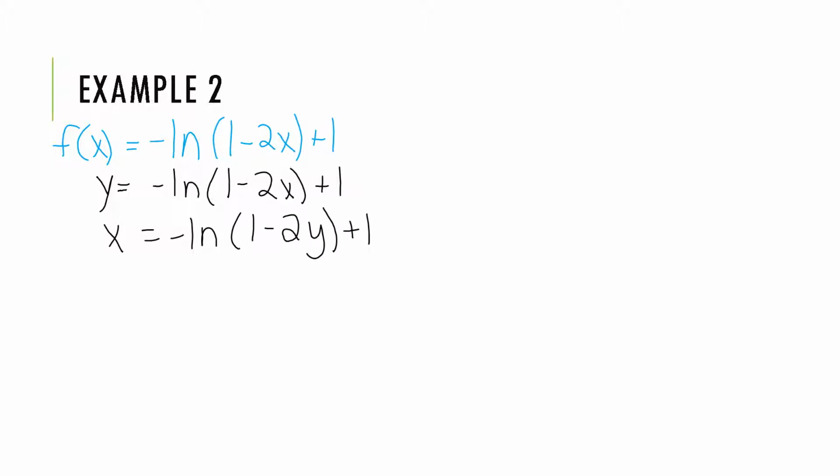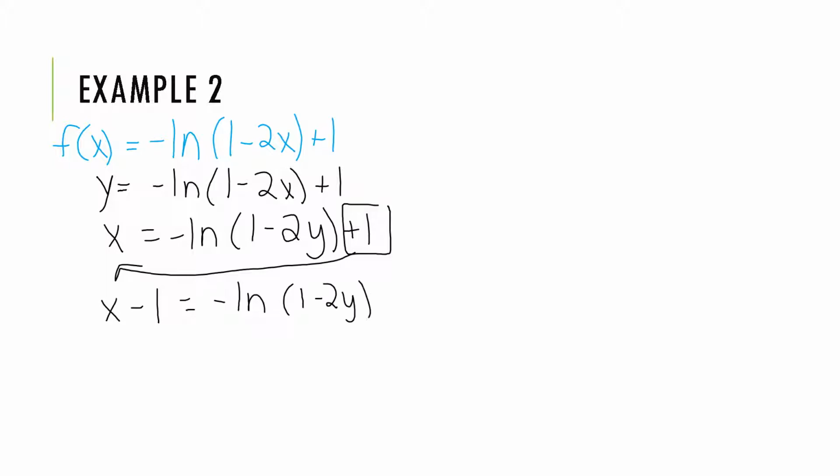And now we are going to try to isolate the y. First we are going to subtract this positive 1 onto the other side, and we're going to get x minus 1 equals negative natural log of 1 minus 2y. Now we can't yet raise e to the x minus 1 power. We first need to get rid of the negative right here.